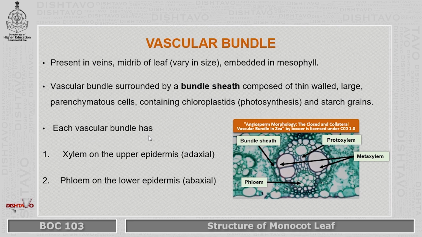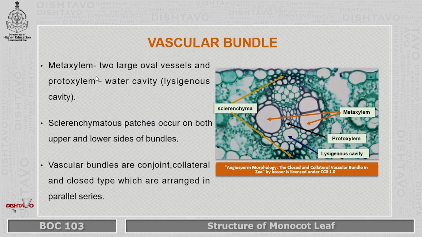Each vascular bundle has a xylem towards the upper epidermis and phloem towards the lower epidermis. The xylem consists of two vessels, that is the metaxylem and the protoxylem. As we can see from the image, metaxylem can be easily distinguished from the protoxylem.